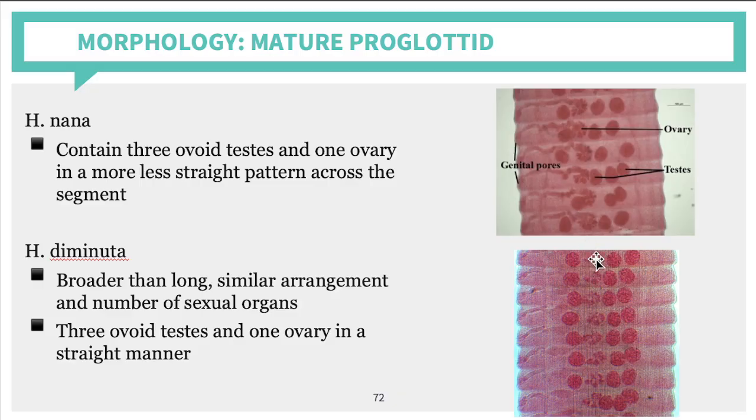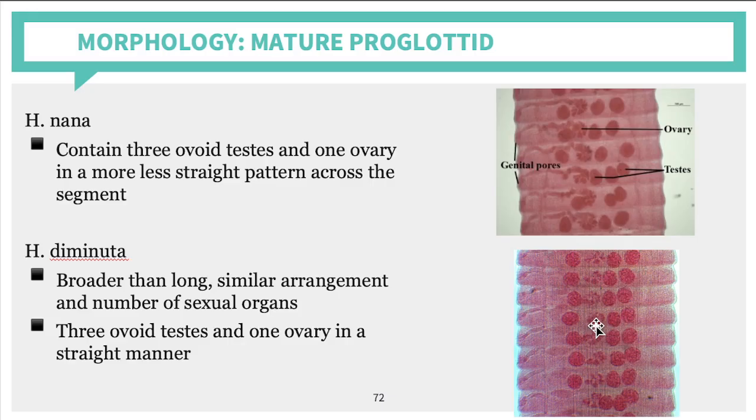Okay? So, how can we compare now the nana versus the diminuta? It's basically on the arrangement of the ovary and testes. If it's more of a straight pattern, that's going to be diminuta. If it's disorganized, that's going to be your H. nana. Less straight pattern. You see, it's less arranged compared here, more organized or more straight pattern.